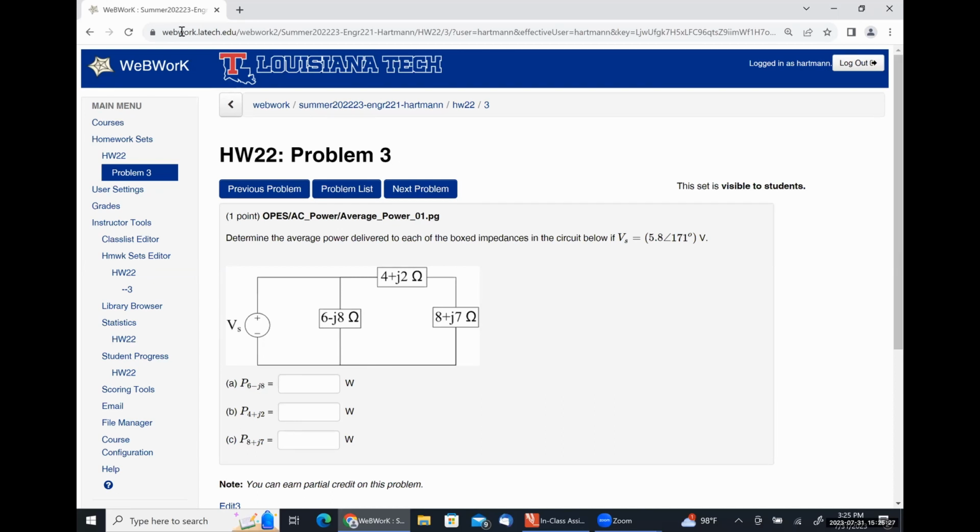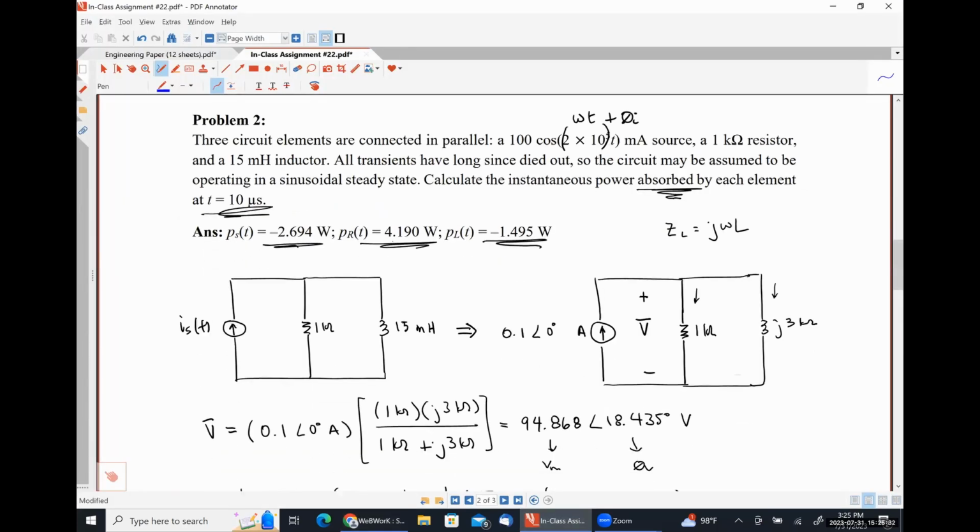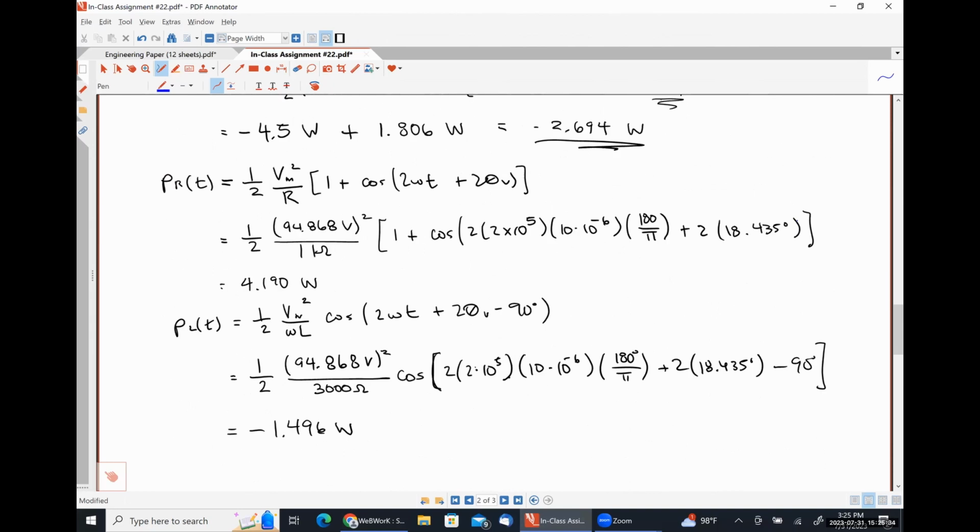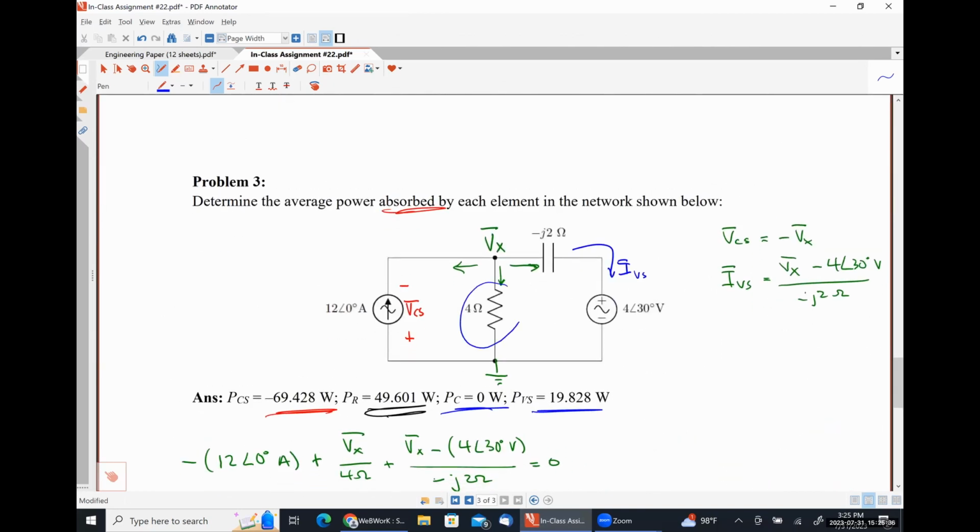So in this example, we have a resistor and a capacitor, which allowed us to use the equation for resistors, and the capacitor we were able to do by inspection.